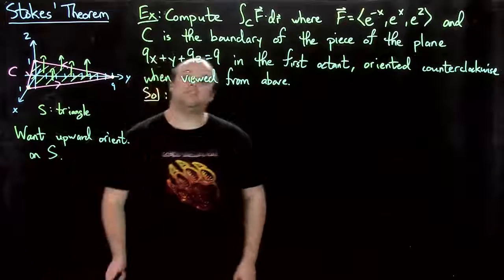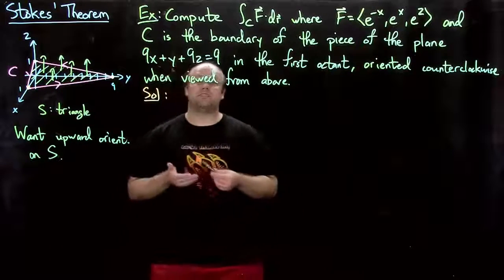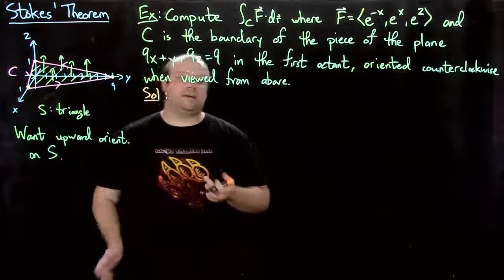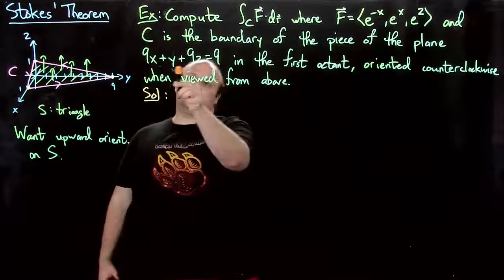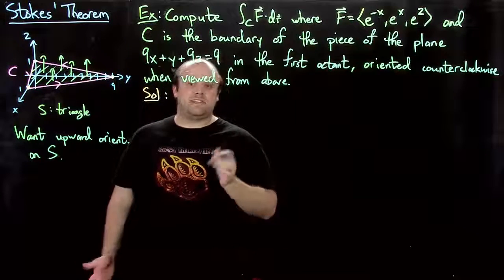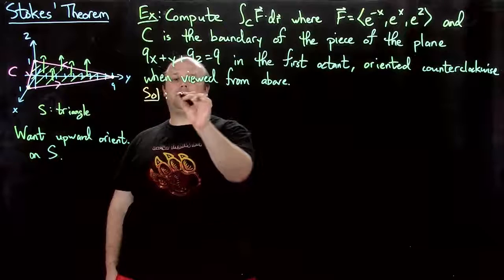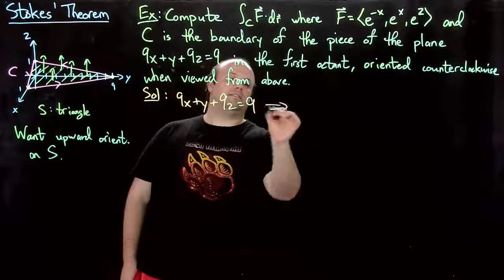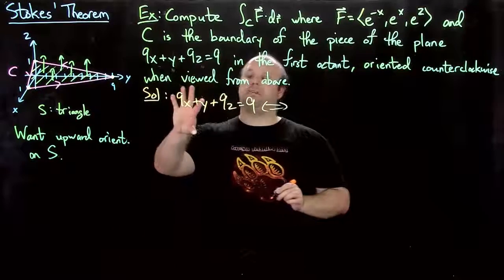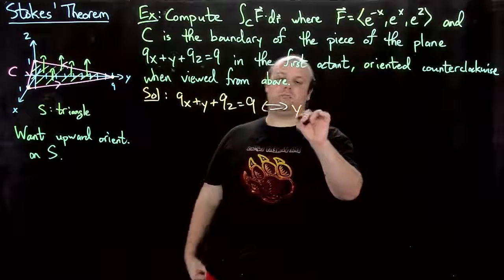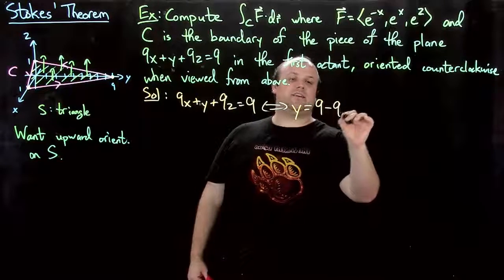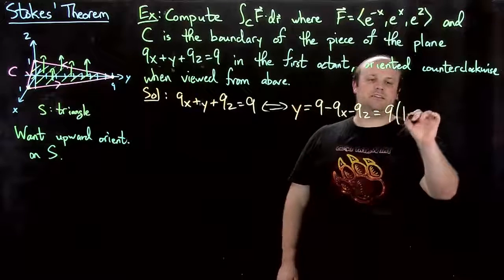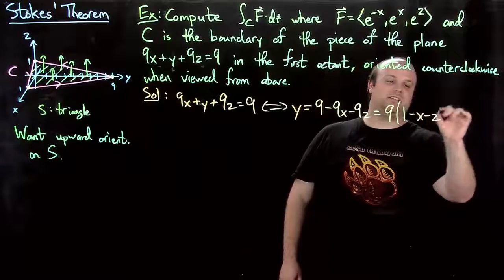So what's the first thing we need to do? The first thing we need to do is parameterize S. This one won't be so bad, because if we look at this equation, one variable is really easy to solve for. 9x plus y plus 9z equals 9 can be rearranged to y equals 9 minus 9x minus 9z, which is 9 times 1 minus x minus z.